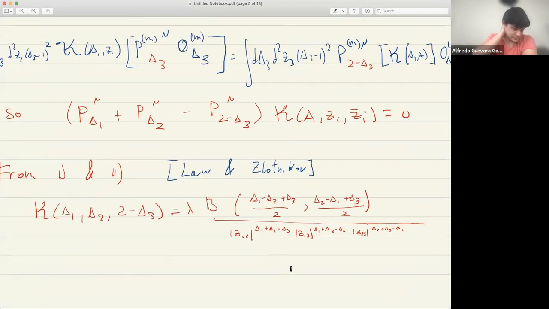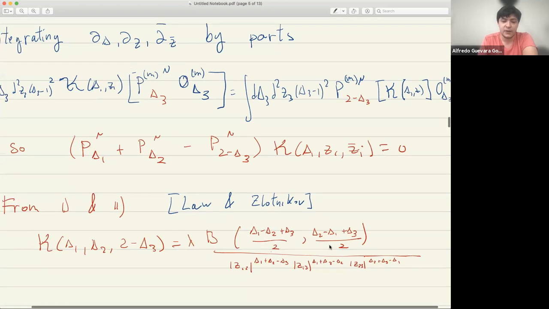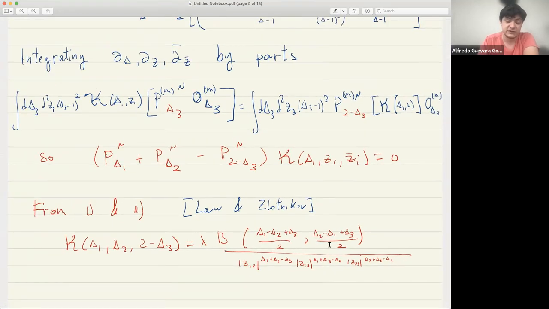So basically we can just say that K is a 3-point correlation function because it has the same properties as the 3-point correlation functions in CFT.